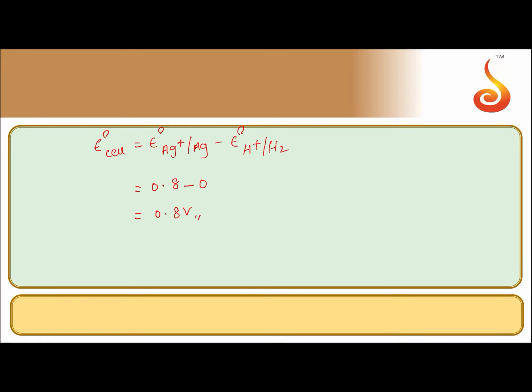Now the anode reaction: hydrogen will undergo oxidation. Half H2 gas, pressure 1 bar, gives rise to H plus aqueous, whose concentration is 1 molar because it is SHE, plus 1 electron.